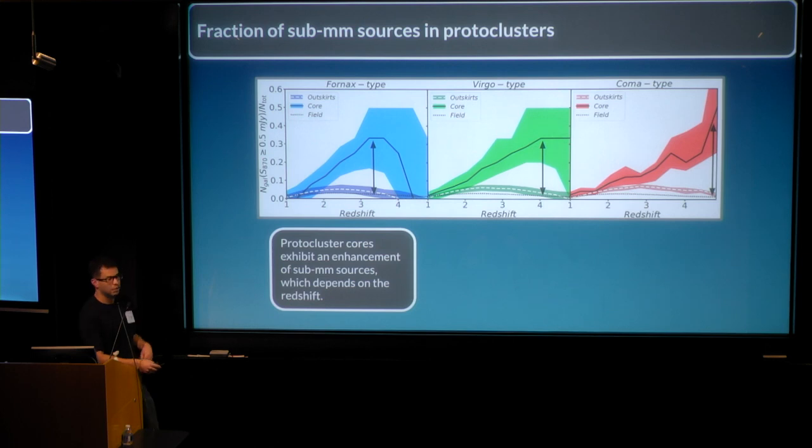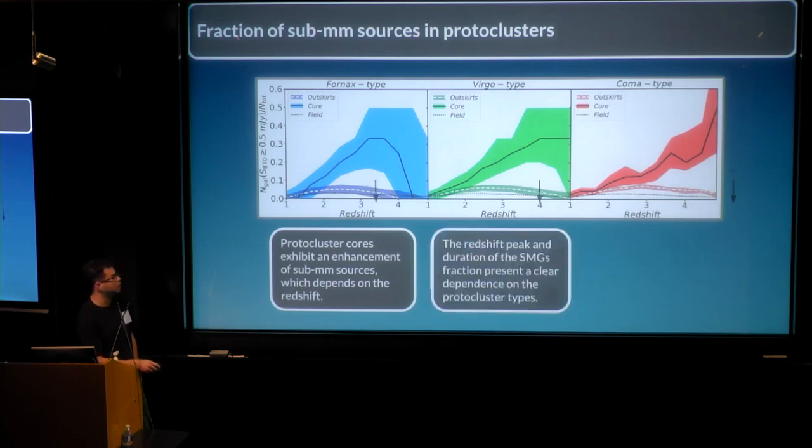The most remarkable trend is that protocluster cores exhibit an enhancement of submillimeter sources, which also depends on redshift. This implies a submillimeter-bright phase. At least most protocluster cores host at least one SMG.